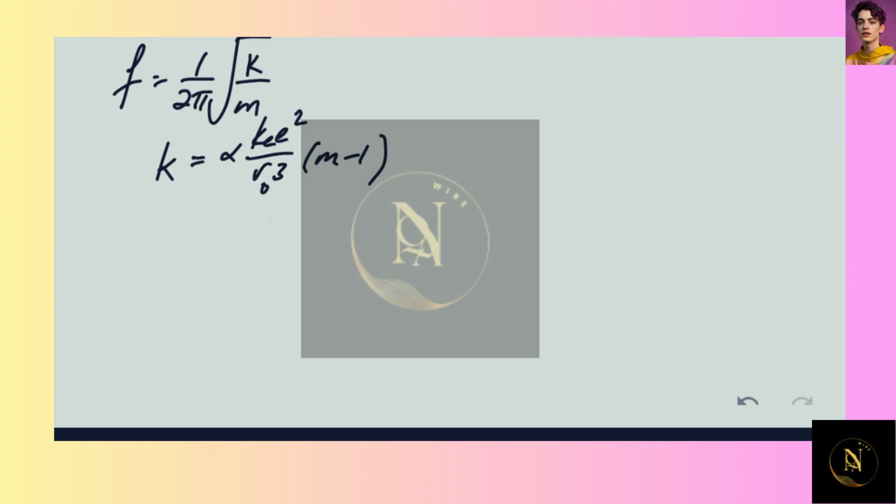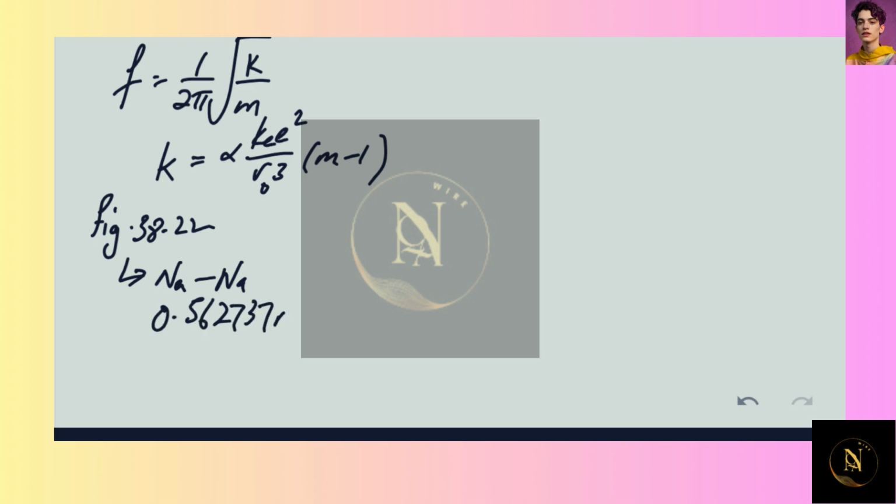So from the figure 38.22, we actually see that the interatomic distance between sodium ions in the sodium chloride crystal is 0.562737 nanometers. This is between sodium and sodium.